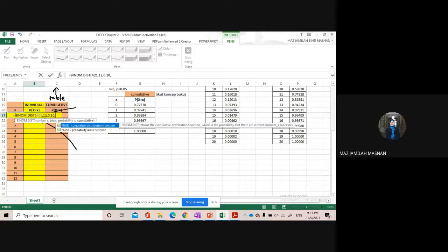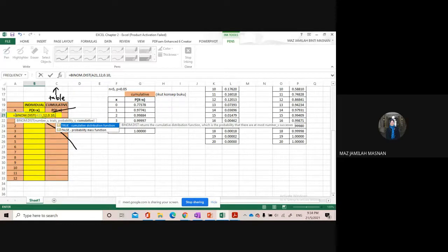Comma, and the last part, you have two options, true and false. If you choose false, you will have your individual probability for each x value that you are referring to, from x equal to 0 until x equal to 12.